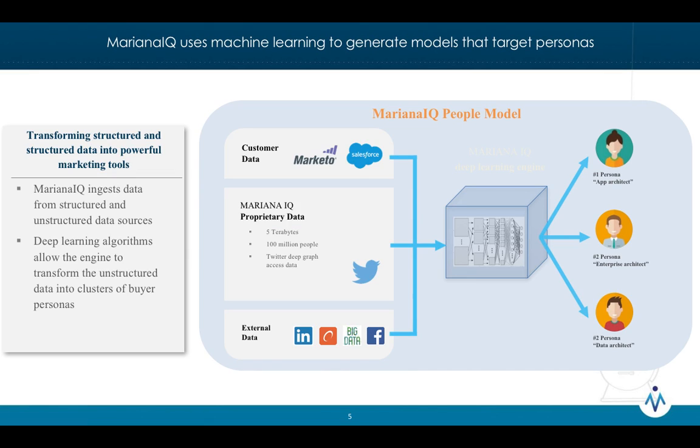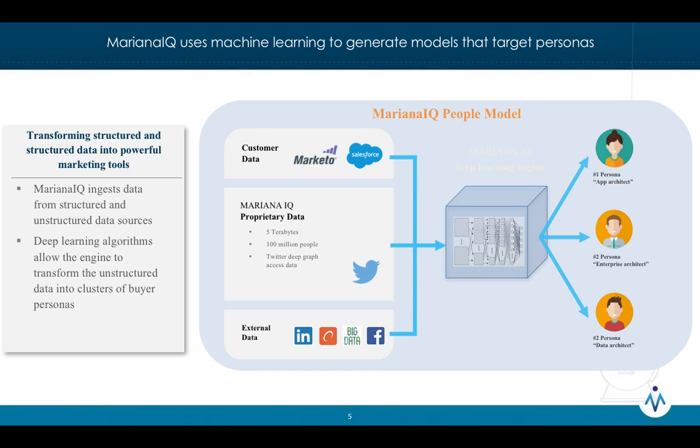So to get into further details of how we actually do this, I'm going to illustrate with what we do for a persona model. We would start off with data that we get from Salesforce or from Marketo. We integrate it with the data that we have gathered. We have gathered about 5 terabytes worth of data from 100 million people in the US.